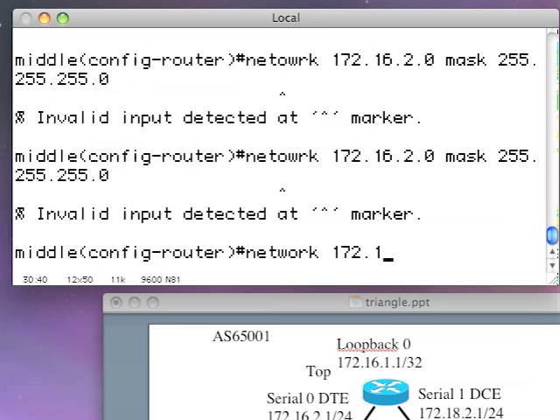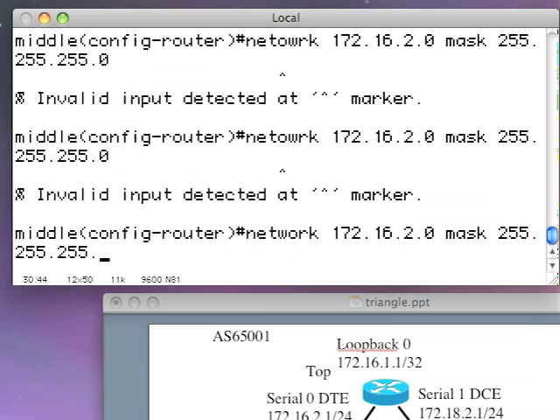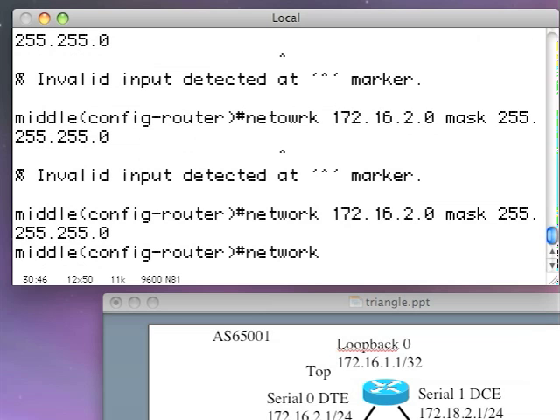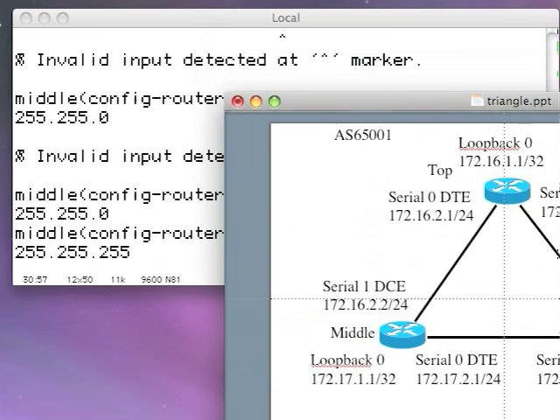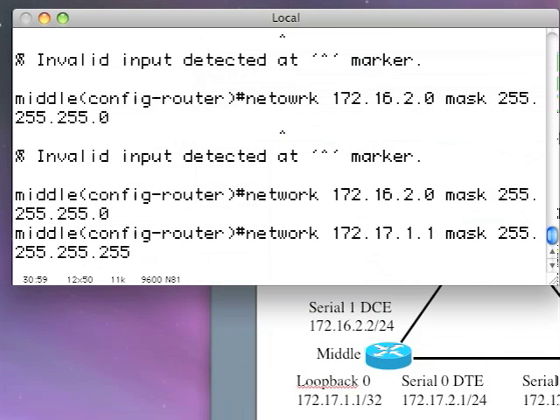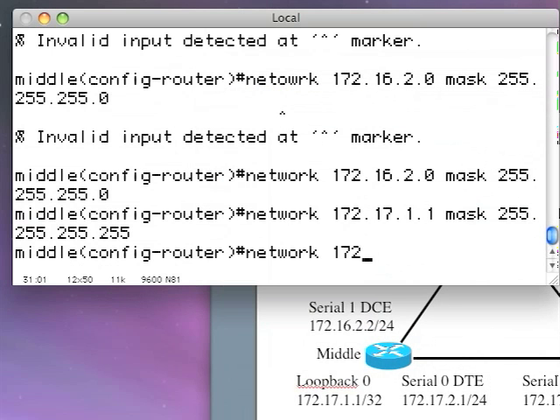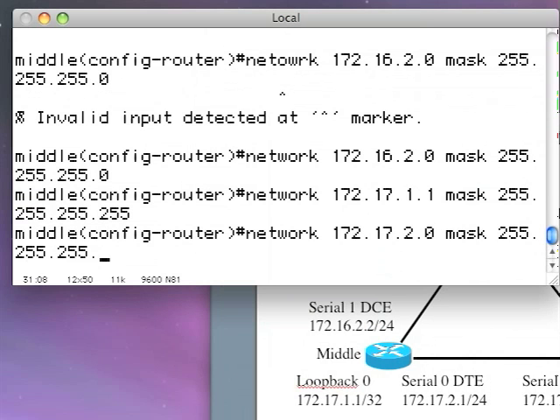Network 172.16.2.0 mask 255.255.255.0. Network 172.17.1.1 mask 255.255.255.255. Network 172.17.2.0 mask 255.255.255.0.